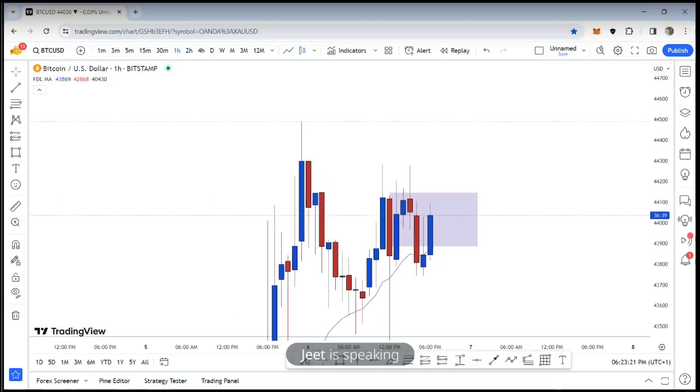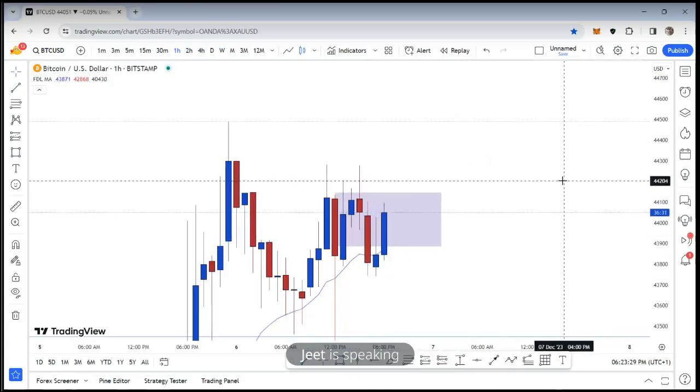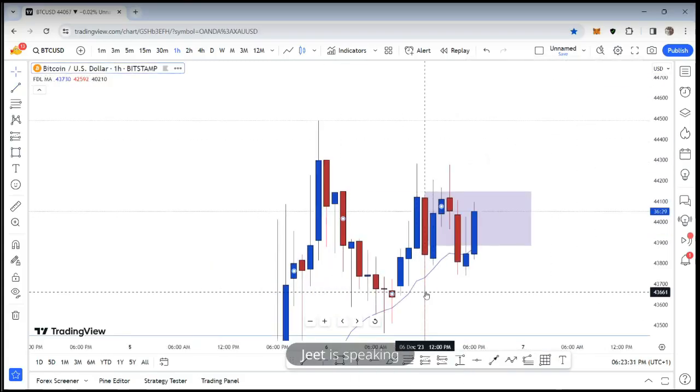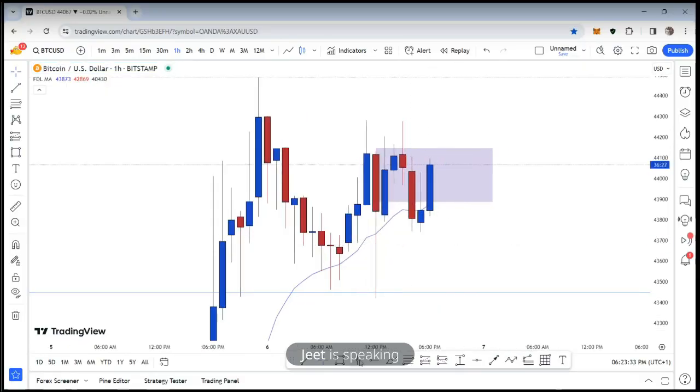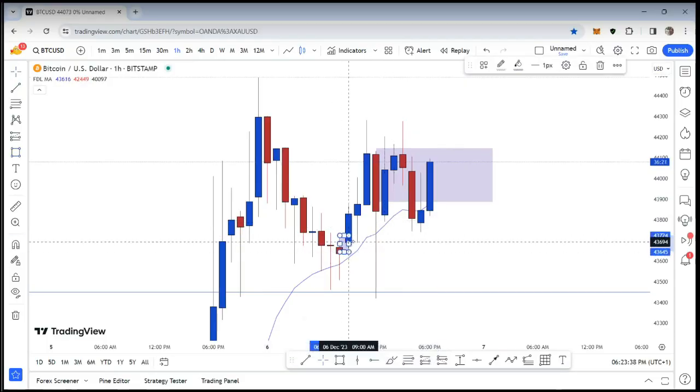Now, note that price had cleared this liquidity from here. And as such, price wanted to come and retest the engulfing buy that is here, right?